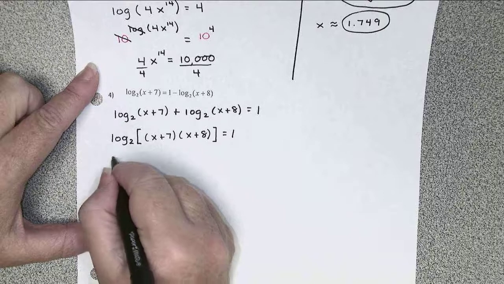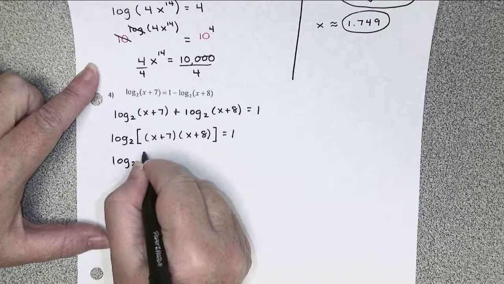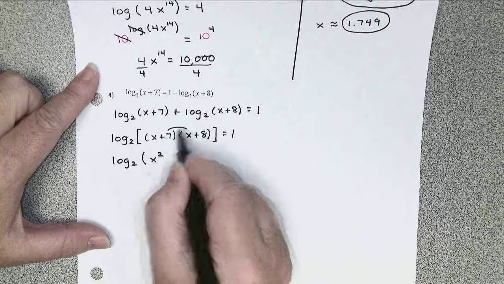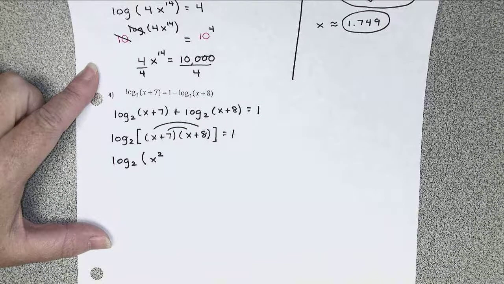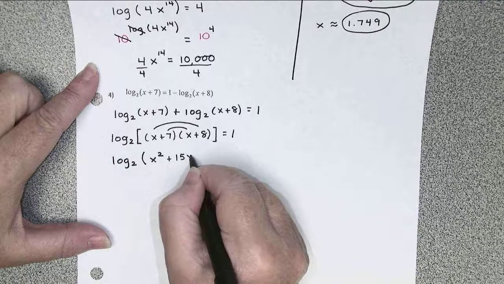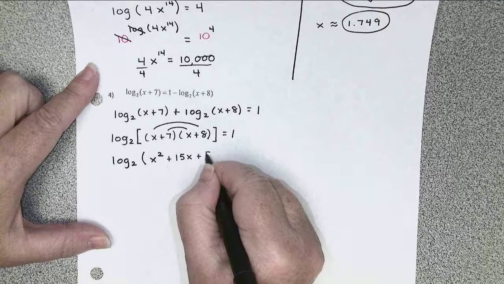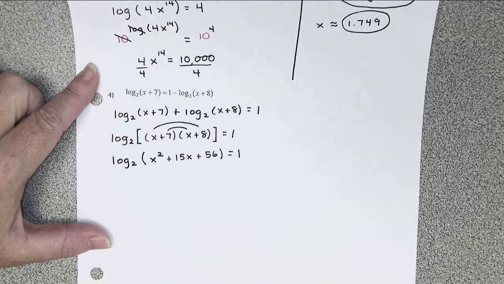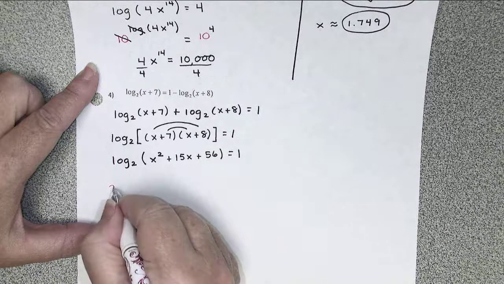I'm going to multiply out what's inside the brackets. I will get x squared, a 7x plus an 8x for the inners and outers would be a plus 15x, plus 56. All right, my logs are all collected, and I need to get rid of that log base 2. The inverse function is an exponential base 2.